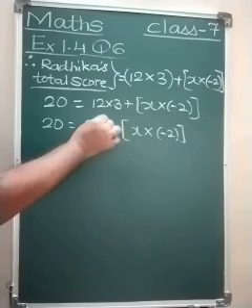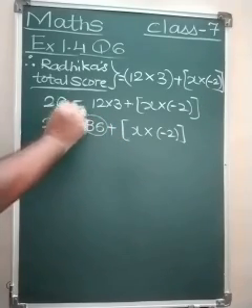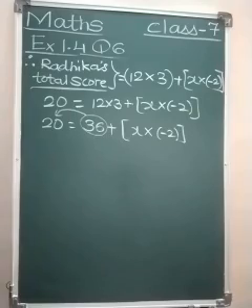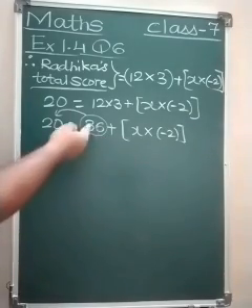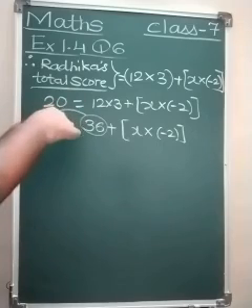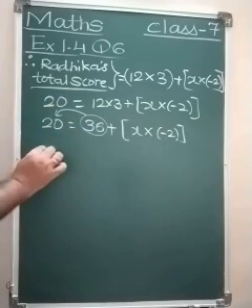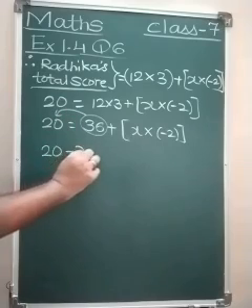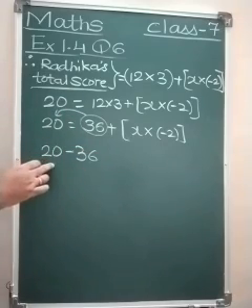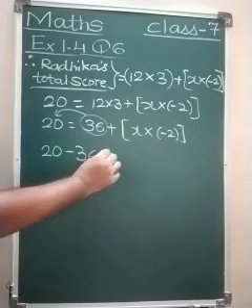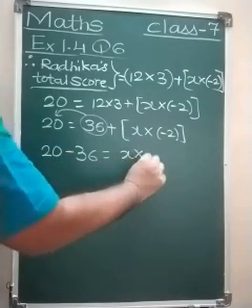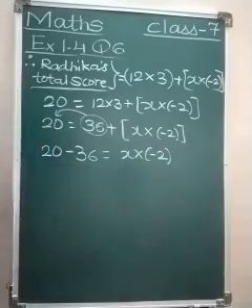First we will have to transpose this 36 to the right hand side. Now 36 here is added, so when it comes to this side, it will become subtraction. So this will be 20 minus 36. This 20 will be here only, minus 36 equals x multiplied by -2.